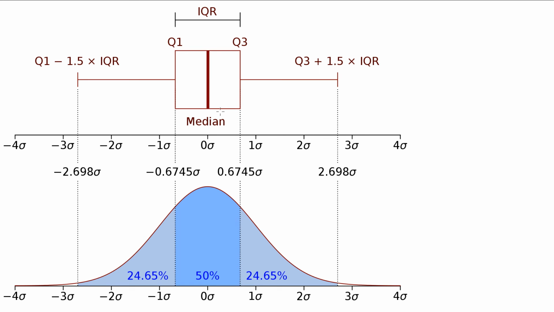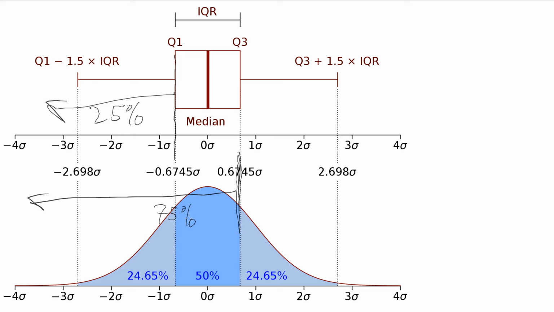So let me draw this. 25% of the probability lies to the left, and that's quartile 1, and 75% lies here. So it essentially is the distance between these two, where the central 50% of the probability lies. That's what interquartile range gives you.